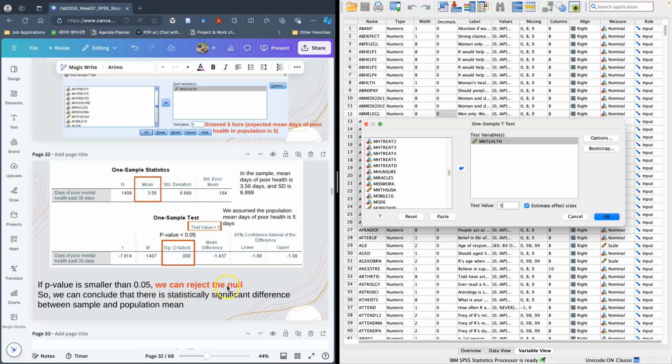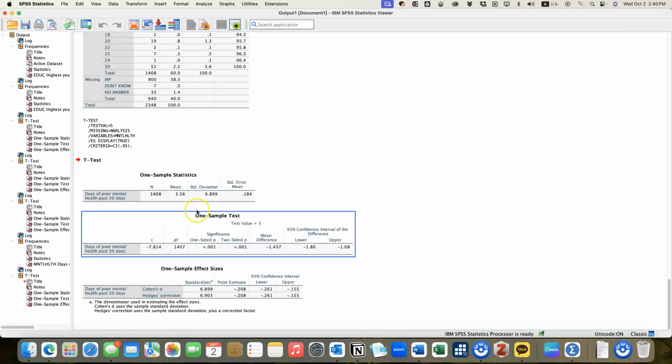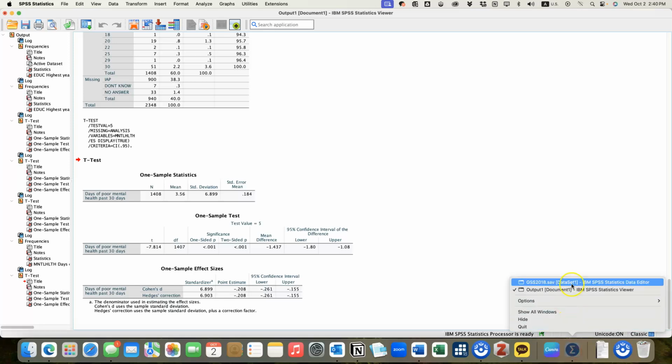We reject the null, which means we say there is statistically significant difference between the population mean and the sample mean in terms of the days of the poor mental health. Okay, let's compare that. 5 here. All right. 3.56 and two-tailed test below 0.05. Okay, it's consistent and you can follow the interpretation before.